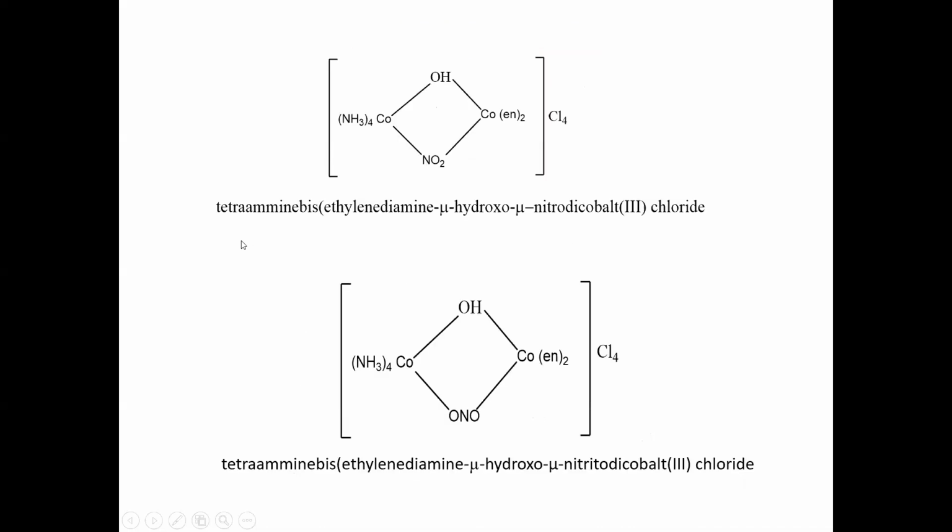Look at the name. I just wanted you to try your hands on it. Tetraamine bis ethylene diamine mu hydroxyl mu nitro dicobalt 3 chloride. Does that make sense? Yes, ma'am.